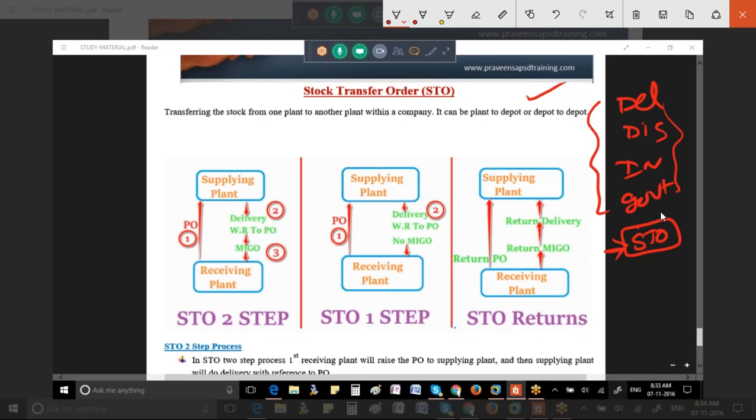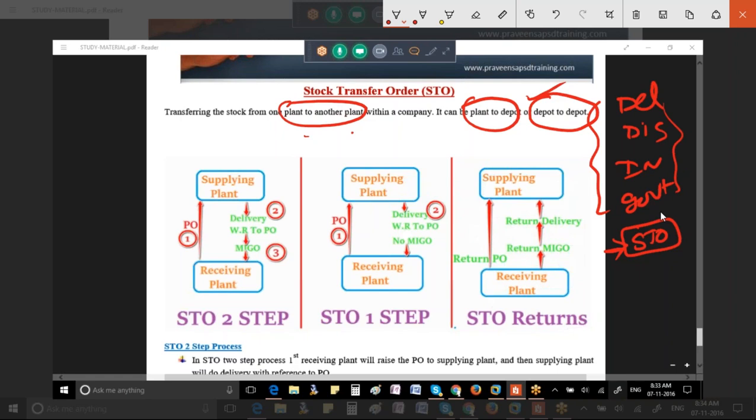So STO is nothing but transferring the stock from plant to plant, or plant to depot, or depot to depot. It can be anything, but it is within the company, and whatever stock you are transferring here, it is only between company to company, not to the customer.